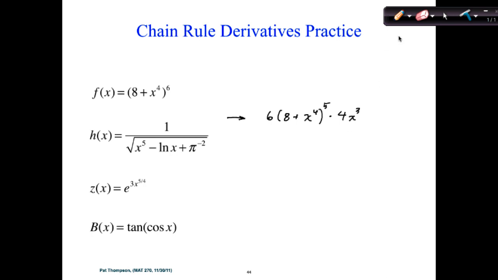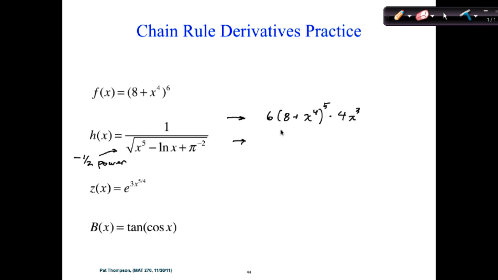Did you get the next one, Kyle? Yeah. So you would make it x to the fifth minus ln x plus pi to the negative 2. You make that like in the numerator, and you make it negative 1 half. Right, that's the negative 1/2 power. So you switch the power to the top.